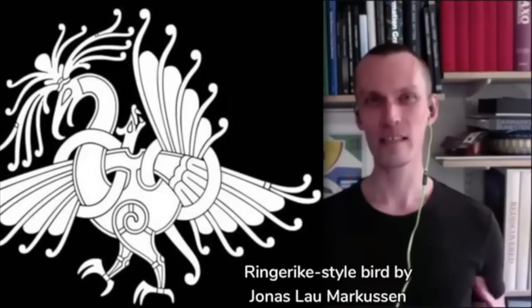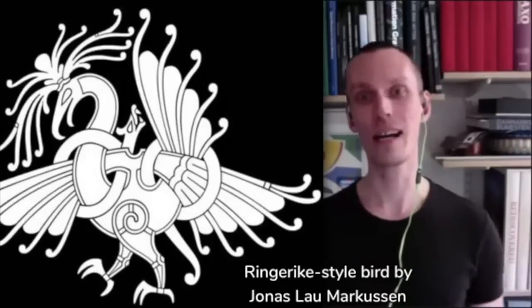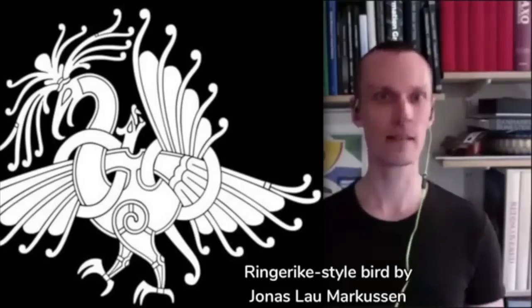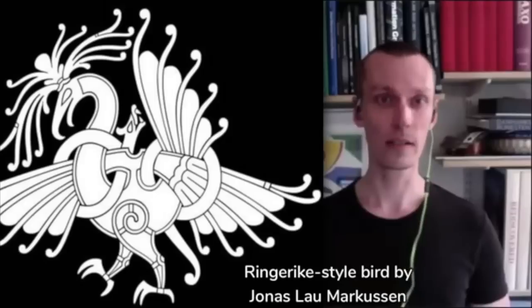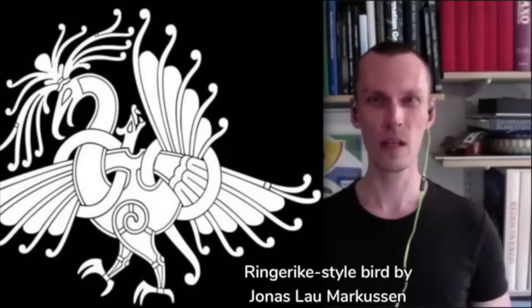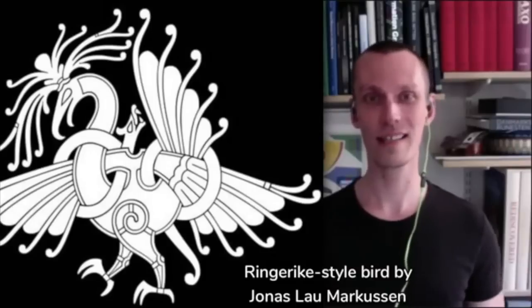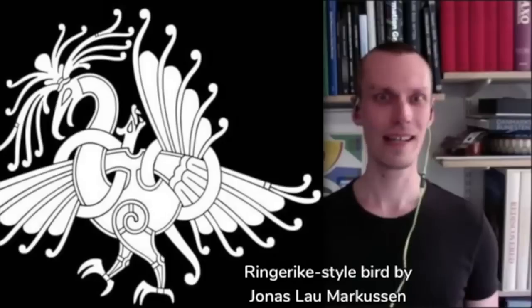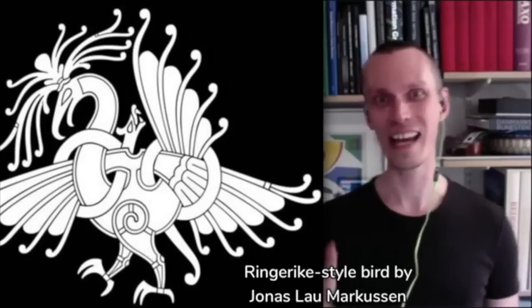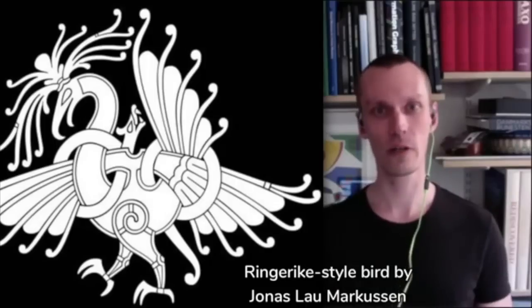But another factor is that we don't know a lot about how these patterns and artwork were colored. We get an idea from the textiles in the Oseberg ship and some of the runestones, and only a handful of runestones still have traces of color on them.